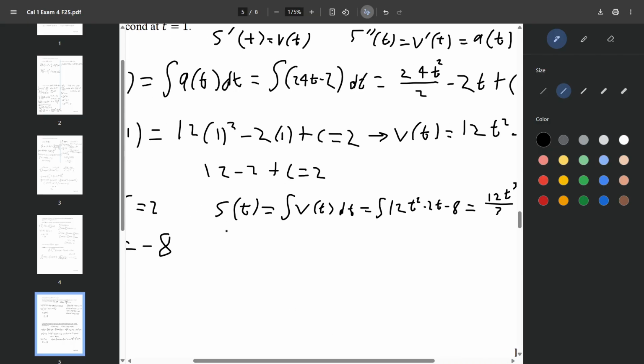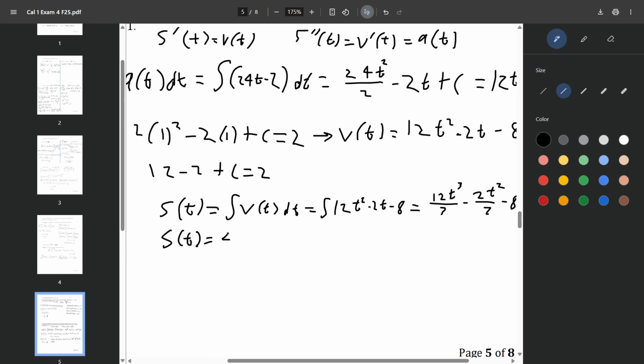So in this case, our s of t will be equal to 4t to the third minus t squared minus 8t plus k.